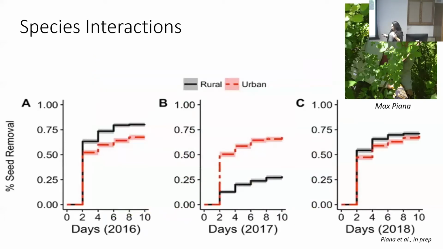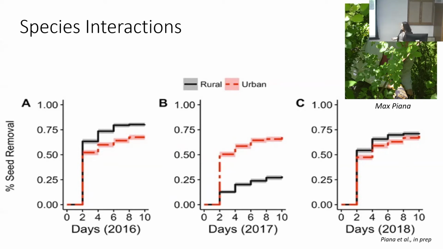And so one of the projects he did, which was really fascinating and really shows how species interactions may change from urban to rural landscapes, is seed predation. He set out seeds of many different species, so a couple different oak species, hickory species, as well as tree of heaven, Ailanthus altissima, and Acer platanoides, the Norway maple, and looked at the rates of seed removal, and this is a proxy for seed predation.